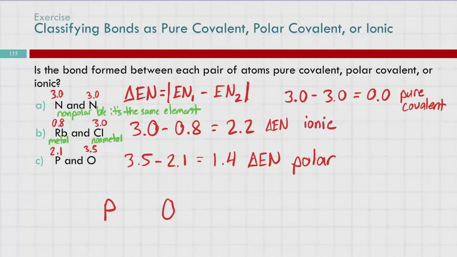We've got a guess for phosphorus. Are there any other guesses? The other guess is oxygen. We've hit the two expected outcomes. Any other guesses? It's a trick question? No, it's not a trick question. It's going to be oxygen. So oxygen gets the partial minus, phosphorus gets the partial plus.